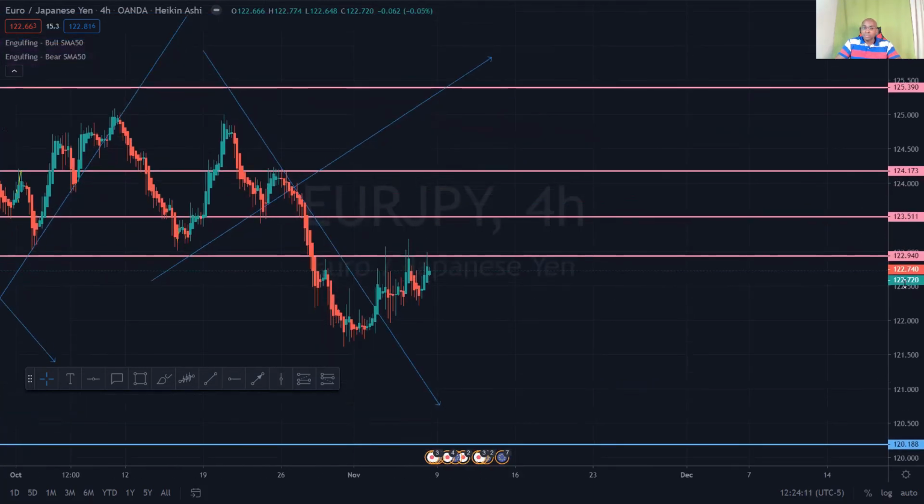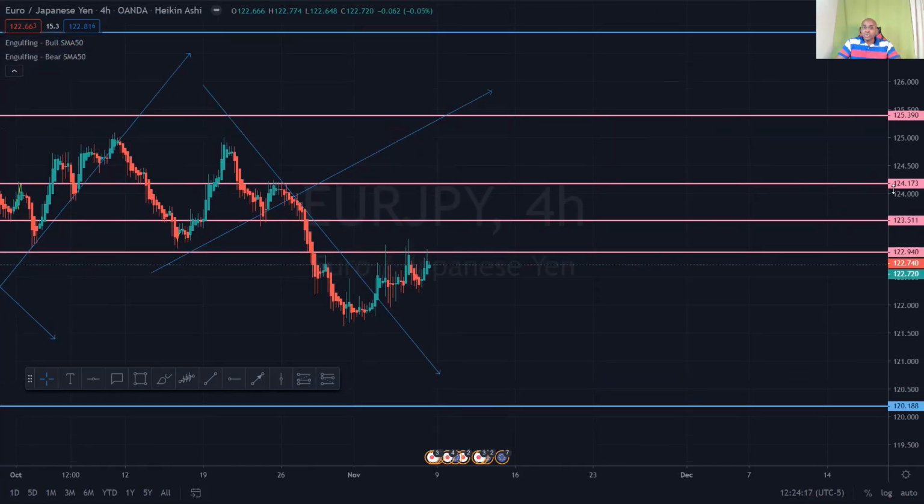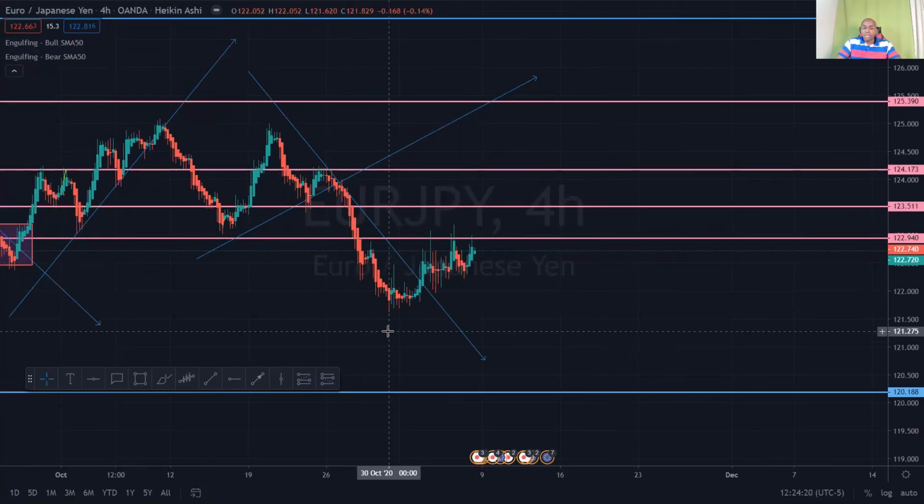However, on the EURJPY, we have the key resistance right here. First of all, key support here. On the EURJPY, the euro currency is tending to get weak for this upcoming week. You get that? The euro currency is getting weak for this upcoming week.